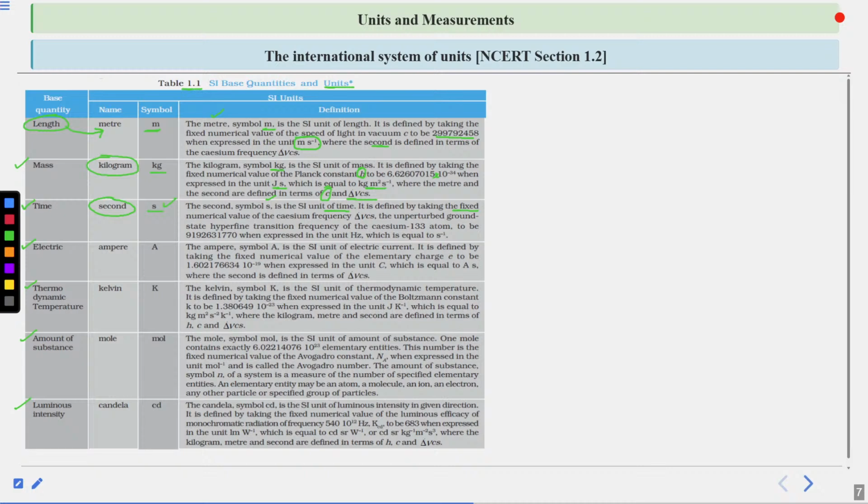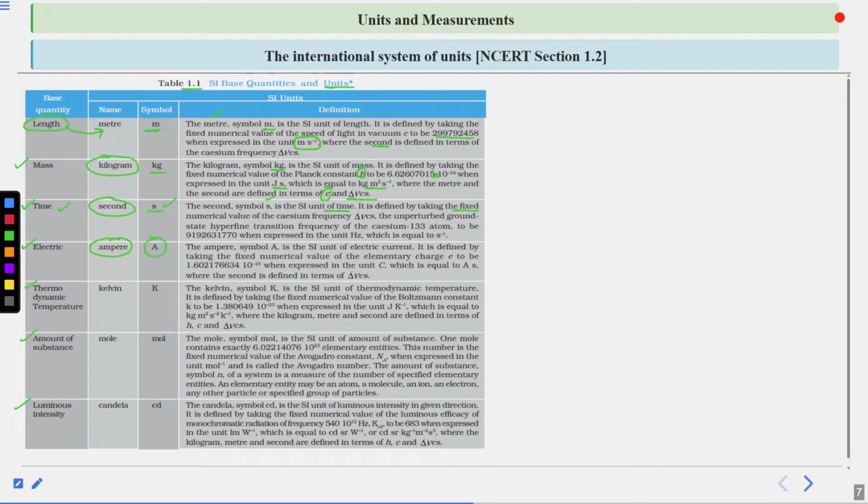So our main thing here is time measured in second. Next is electric current. Electric current is measured in ampere, and the unit is A. A means ampere.